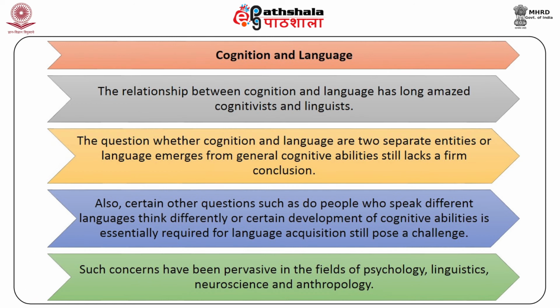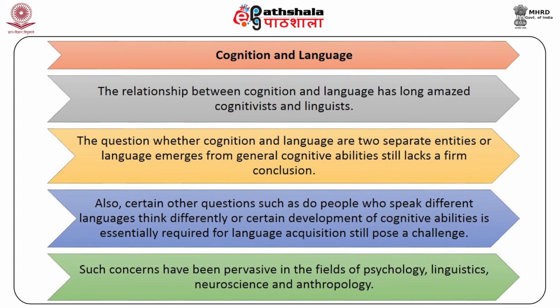Cognition and language. The relationship between cognition and language has long amazed cognitivists and linguists. The question whether cognition and language are two separate entities or language emerges from general cognitive abilities still lacks a firm conclusion.